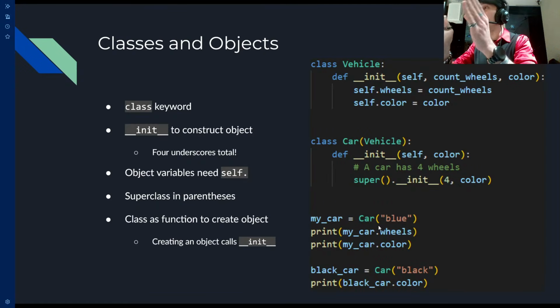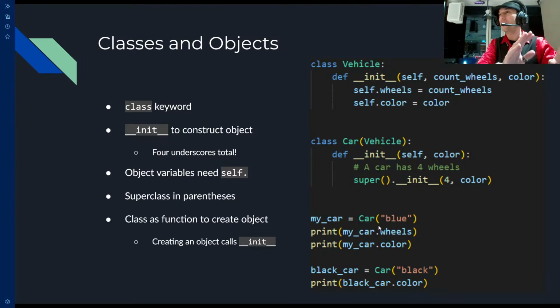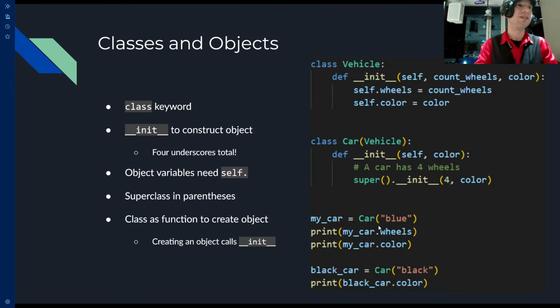Everything's functions under the hood. But in any case, when you see an underscore underscore function, go look it up, because it's called at a time that you don't know, and you just have to memorize it. So init is called when you create a new object from a class. And yes, we're going over time. We're almost done, I promise.